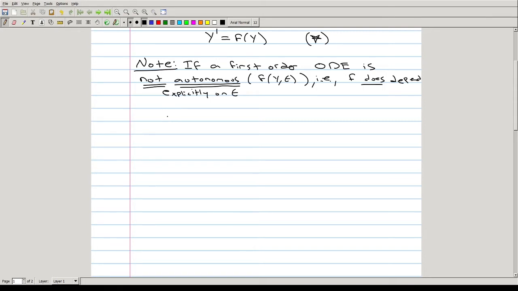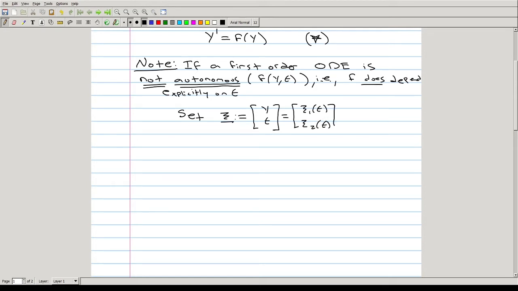So specifically, even if we have a single first order differential equation that is not autonomous, we can set xi equal to the vector y, t. This is the definition of xi. It's the vector xi1 of t, xi2 of t.